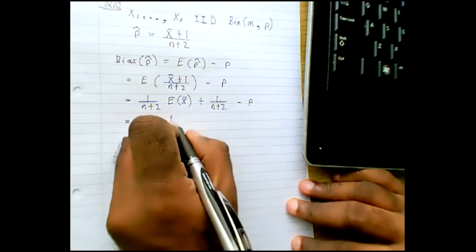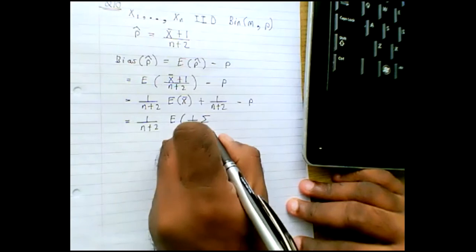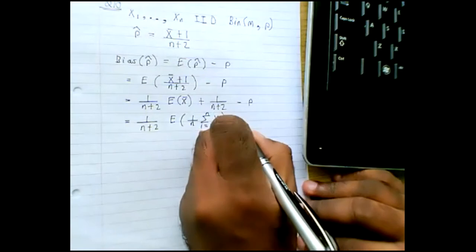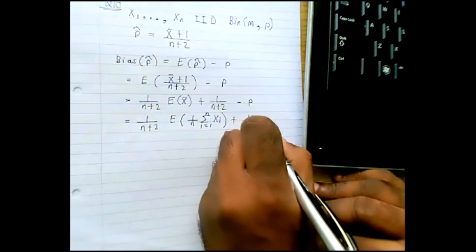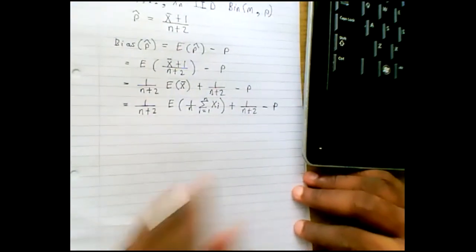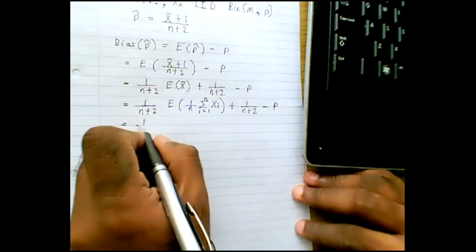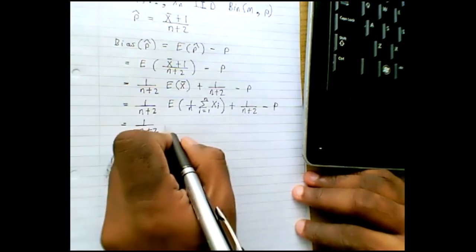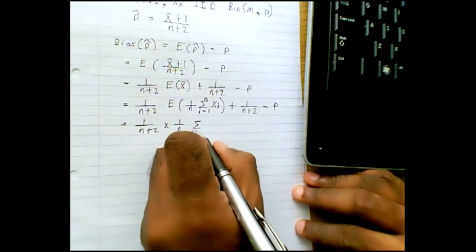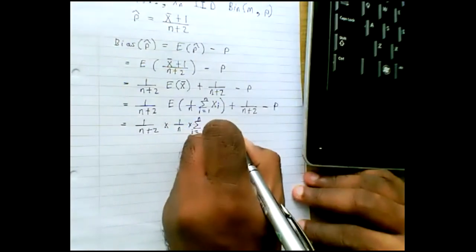The x bar, remember, is the sample mean. Now if you take the expectation inside the sum, you get 1 over n times the sum of the expectation of xi.